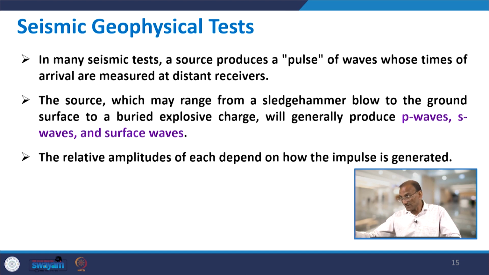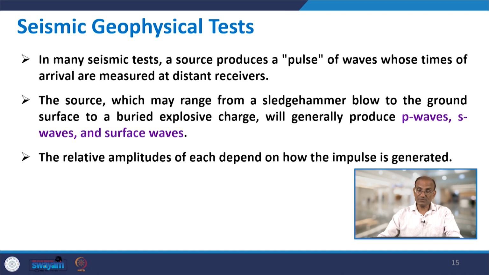When these waves travel, the travel time is recorded at distant receivers. Suppose I put a disturbance here and my sensors are a little away; at the receivers you find out how long it took to reach from the source to that point. The distance between the two is known, and the time is known, so as a result you can find the wave velocity.